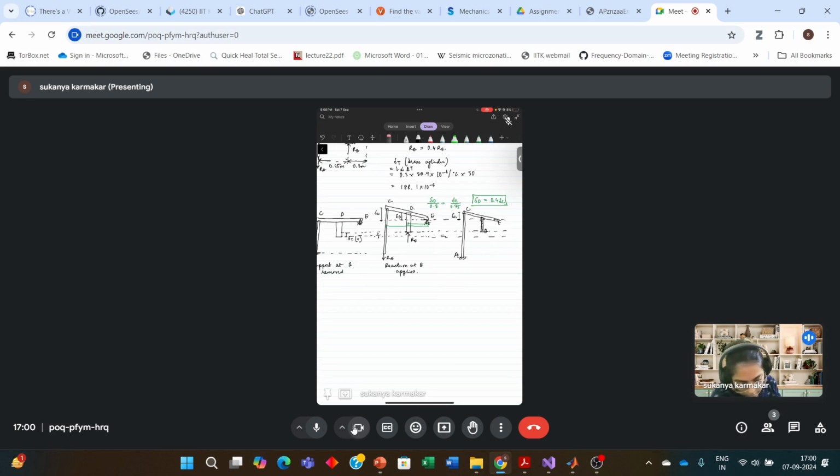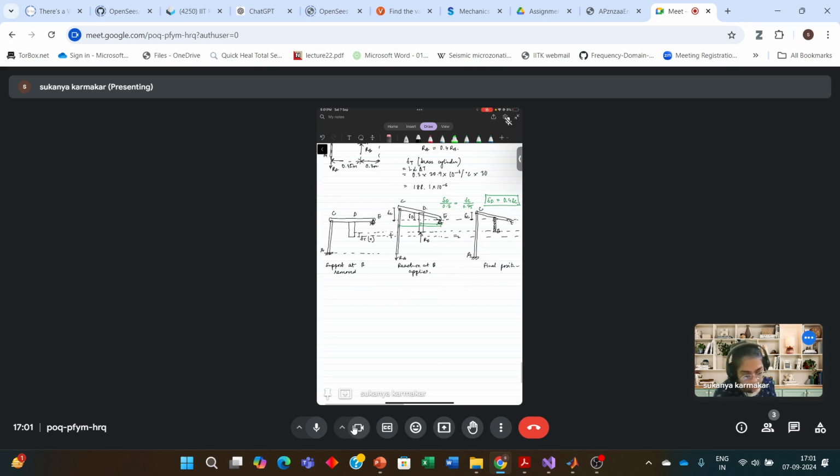This is delta C, and this is the final position. So basically, I am doing a superposition of the thermal and the restraint force diagram. This is because of the thermal and this is for the restraint force deformation.